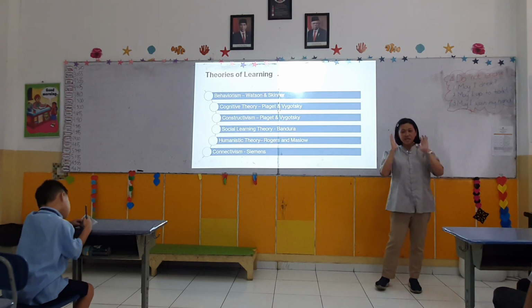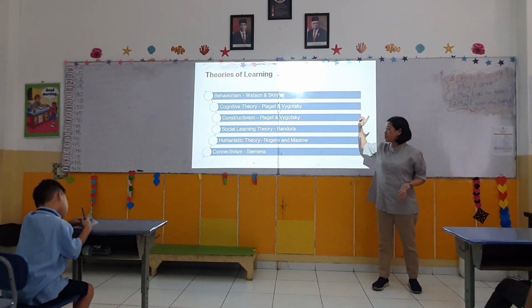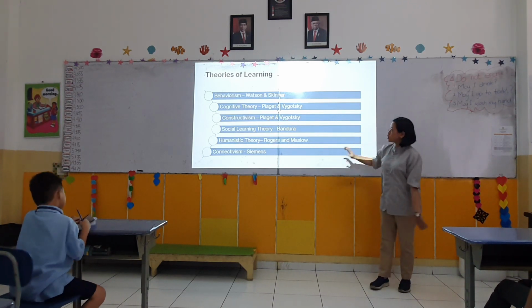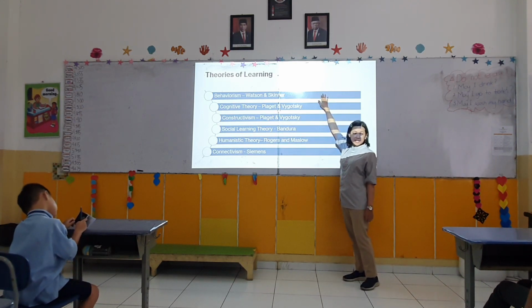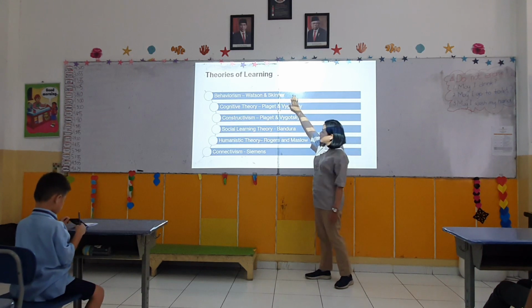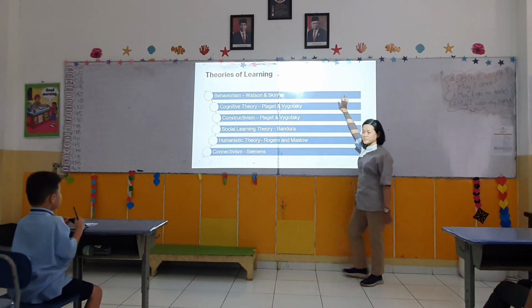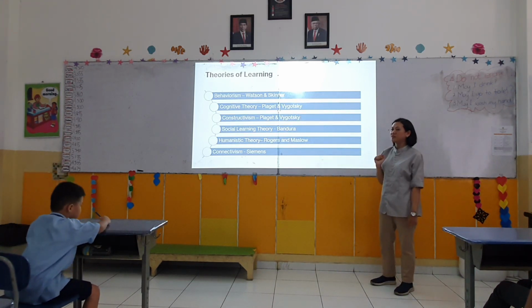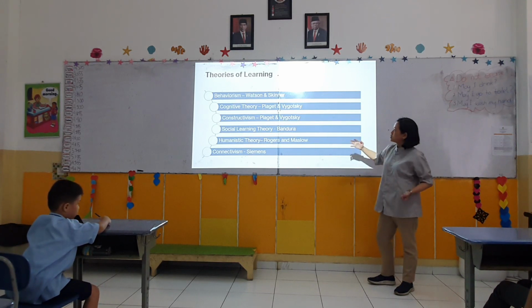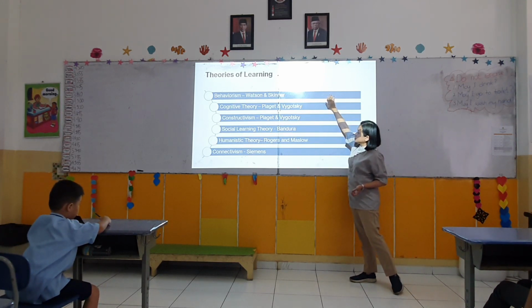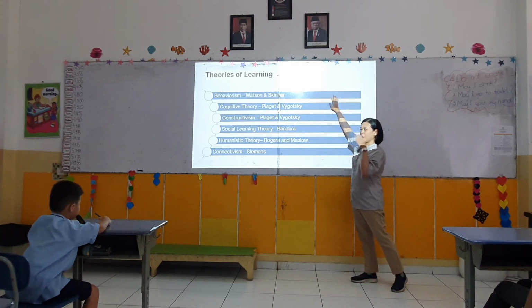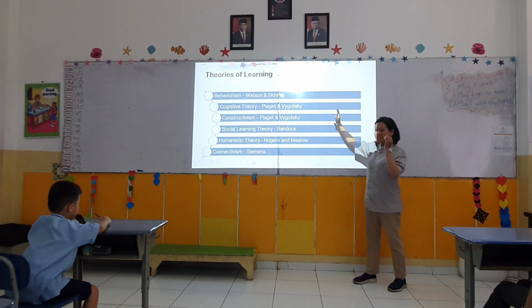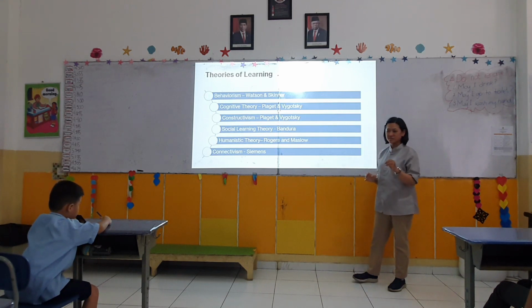Constructivism is kind of in the middle between behaviorism and cognitive theory. If you ever heard of the tabula rasa, it means that you can change the behavior of the object by giving them some stimulus.